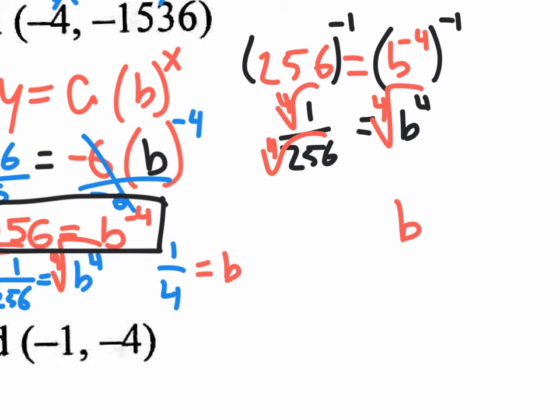And you'll get b equals, the fourth root of 1 is still 1. 1 times 1 times 1 times 1 is 1. And 256, the answer is 4, because 4 times itself 4 times. 4 times 4 is 16, times 4 is 64, times 4 is, I don't know. But the bottom line, it does get you 256. If you did it on a calculator, the fourth root of 256 is 4. I hope that kind of clarified it a little more to find b.